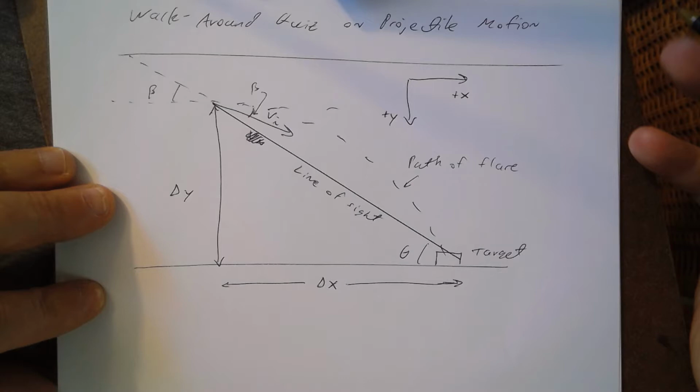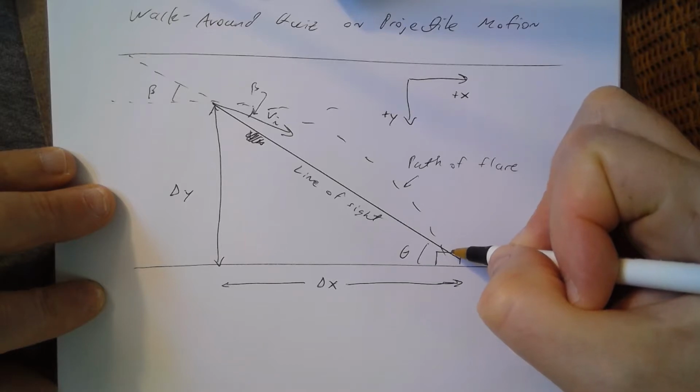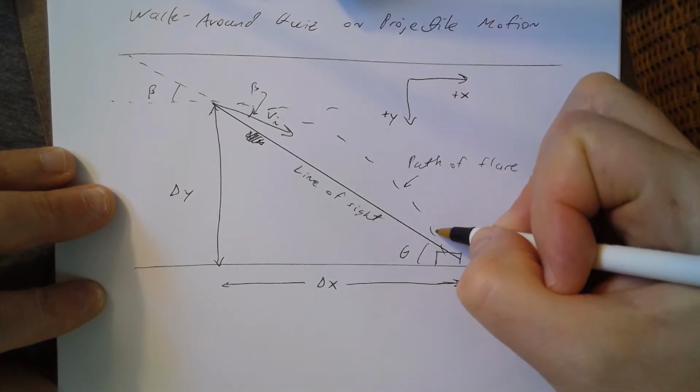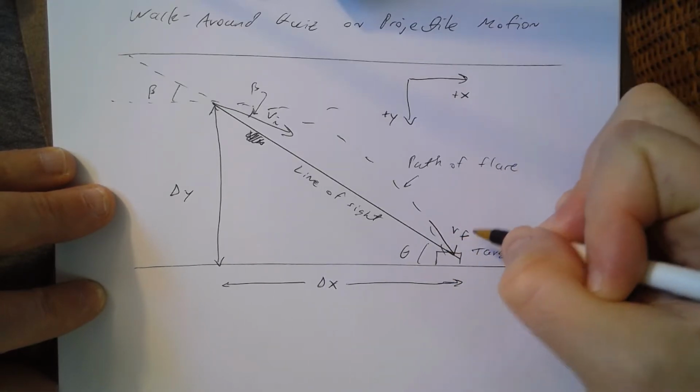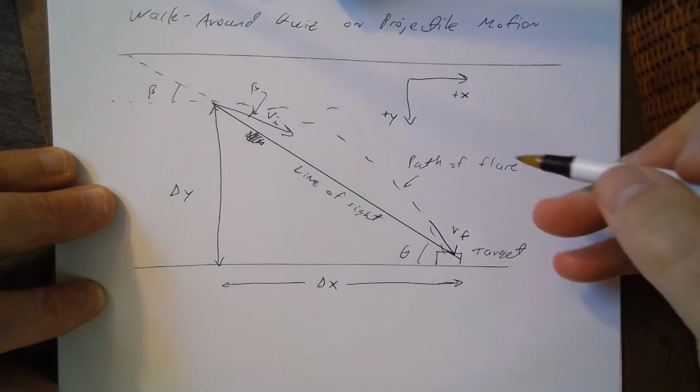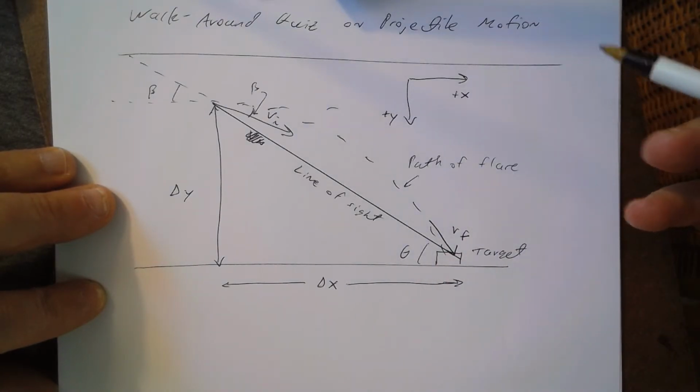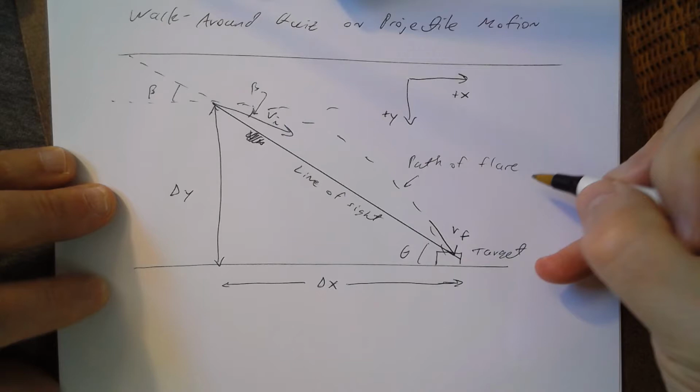The final velocity, by the time it hits the ground or just before it hits, will be tangent to this parabola. So it's going to be traveling down and to the right in that direction. And because this is a free-falling projectile, the acceleration vector at all times is straight down towards the ground.